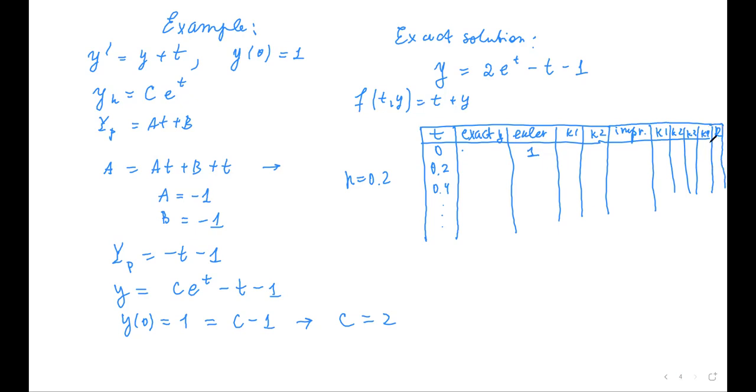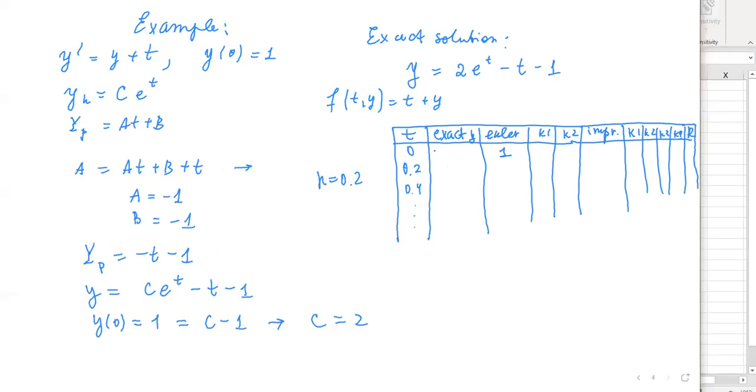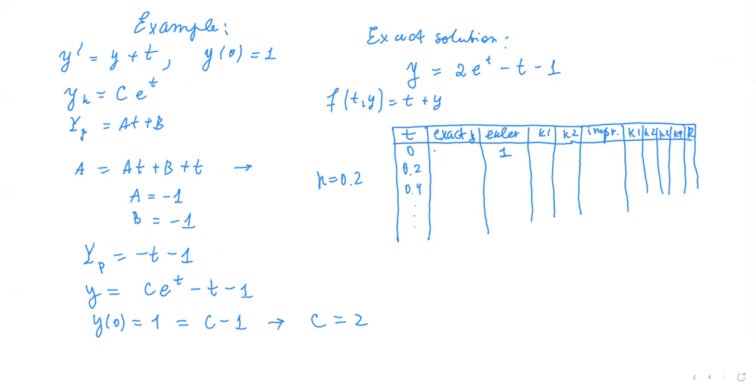I'm sorry, I'm running out of space here. Maybe I should stretch my whiteboard a little bit more. Somehow it gave me a shorter whiteboard this time. Okay, so now I can write down Runge-Kutta normally, right? Let me make it a bigger cell. I'm going to call it Runge.